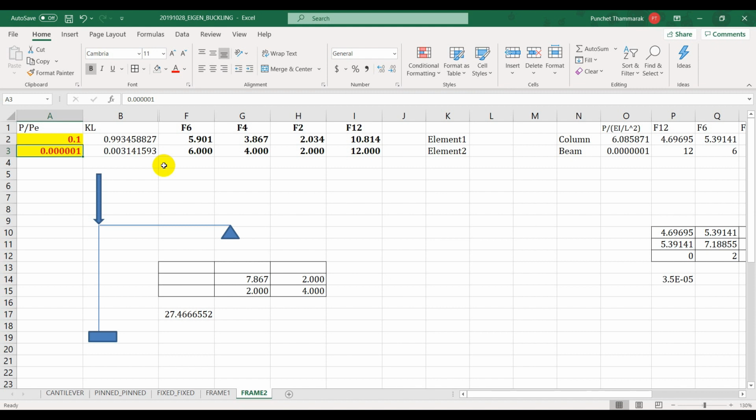It is 2.05 pi square EI over L square, if you don't attach to the beam like this. If you attach to the beam, that means you have that case with the additional rotational spring stiffness put at the top. So buckling load was supposed to be more than 2.05 pi square EI over L square. So let's see.